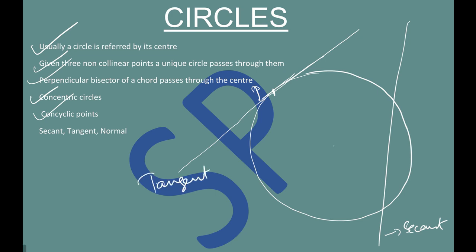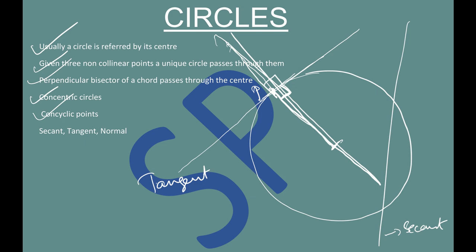Now we know that if we join the point of contact to the center, then this is a right angle. And also we know that the line that is perpendicular to the tangent and passing through the point of contact is nothing but the normal to the curve at that point. Therefore, for the circle at the point P, this line is the normal. And as you can see, normal always passes through the center of the circle.